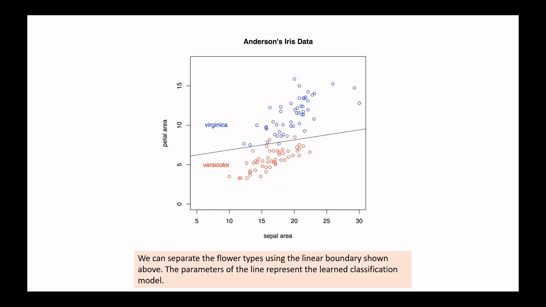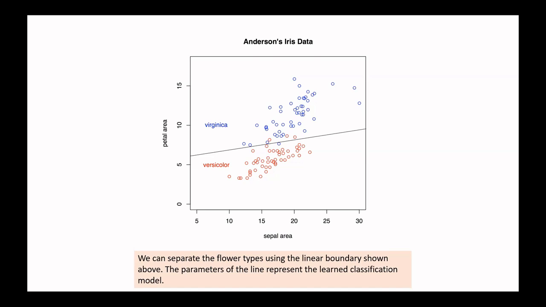It's not 100%, but fairly good. Most of the blue dots are above the line, and most of the red dots are below the line. And there are 3 or 4 or 5 points that are not in the correct position with respect to the line, but otherwise this line is fairly good to separate.